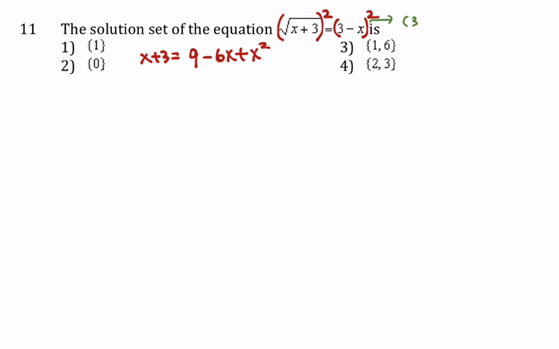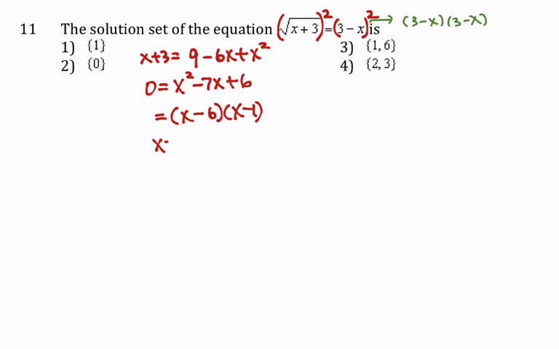All you have to do is make sure you know that this one is equal to what? 3 minus x times 3 minus x. You just have to distribute them. As you continue, x squared minus 7x plus 6 is equal to 0. Then once again, as you factor this one, we get to realize two answers, 6 and 1, but we're going to check both of them.